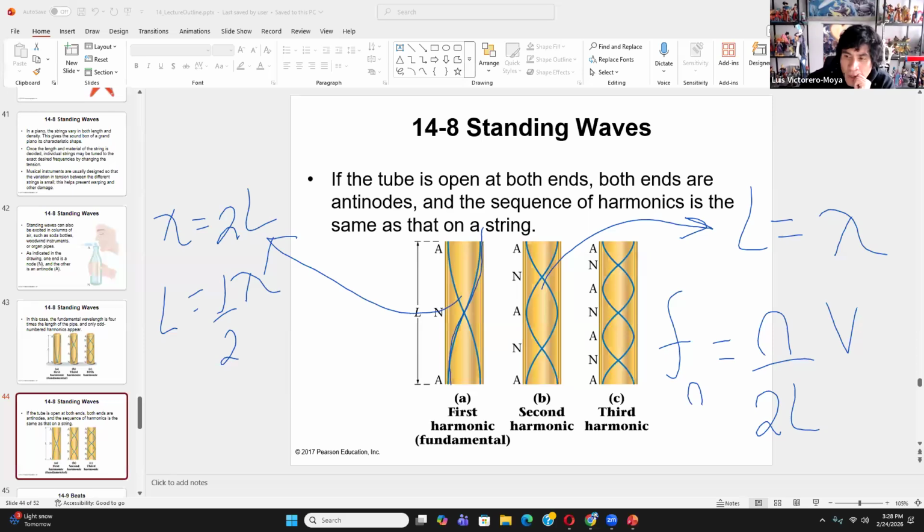Right? So you have here a wavelength plus another half. How will you guys see this?